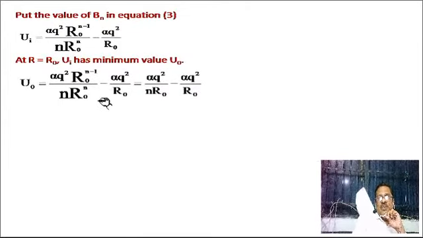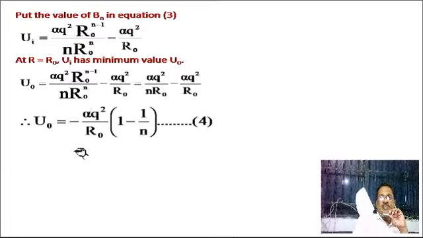So the power of r0 will be 1, that is only r0. So U0 will be alpha q square by n r0 minus alpha q square divided by r0. Now here take alpha q square upon r0 common from RHS. So we will get U0 will be minus alpha q square upon r0 into 1 minus 1 divided by n.